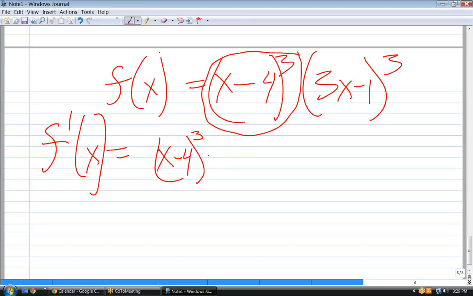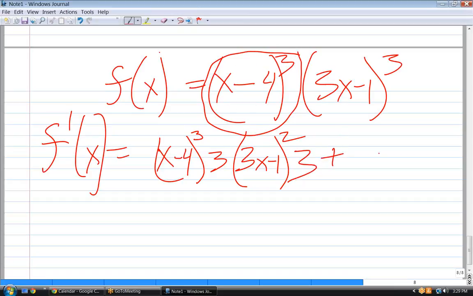Okay. What's the derivative of that? So 3 times 3x minus 1 squared, and then chain rule times 3. Squared times 3. Times 3. Okay, so that's the first part of the product rule.